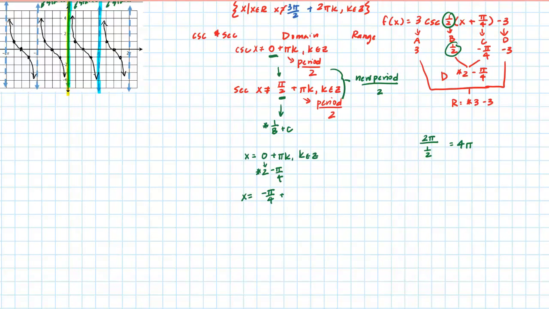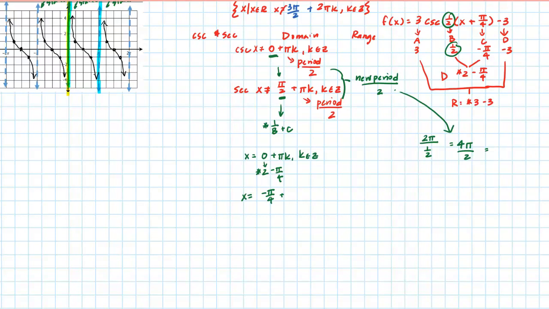Okay. Now I'm going to take that new period right here, and I'm going to divide it by 2. Smack dab in that period, there is going to be an asymptote. Tangents, the period started with an asymptote and ends with an asymptote. There are no asymptotes in between. So that's why it's the entire period.